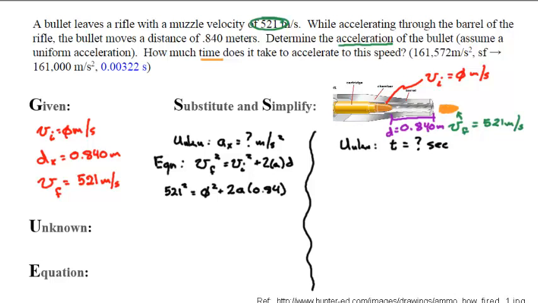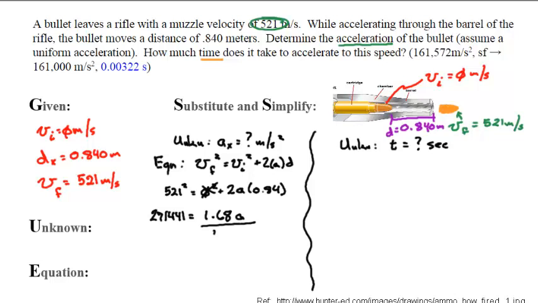When I square 521, I get 271,441 equals, the 0 blows up, and then when I take 2 and multiply by 0.84, I get 1.68 times the acceleration.